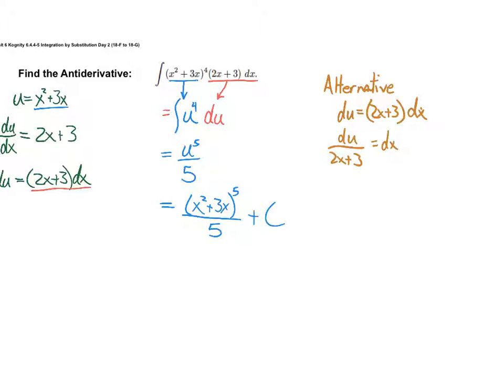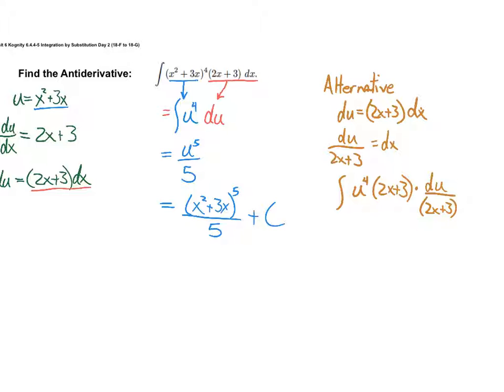If I were to rewrite this as the integral of u to the 4th times 2x plus 3 dx, well, dx is du divided by 2x plus 3.